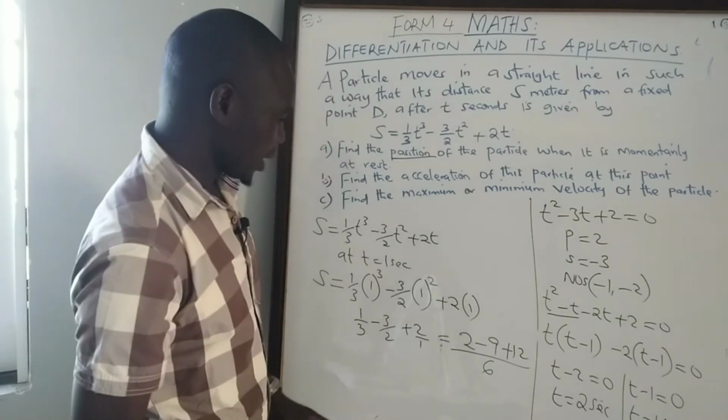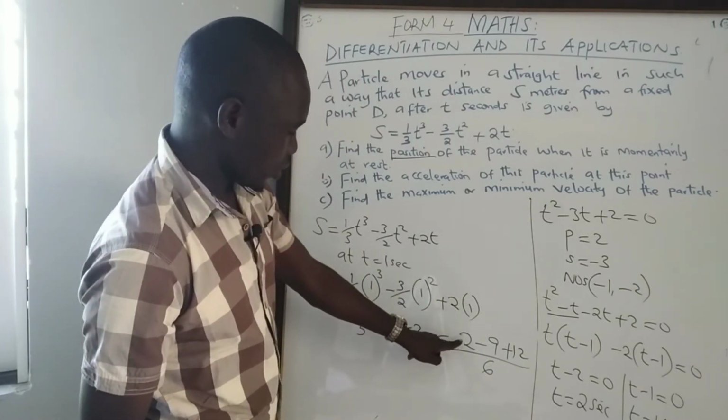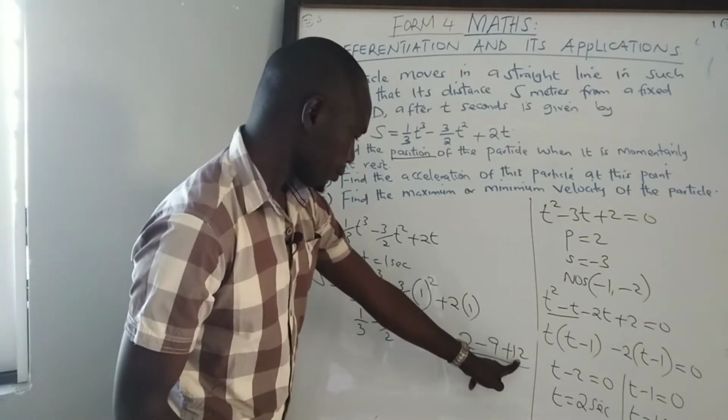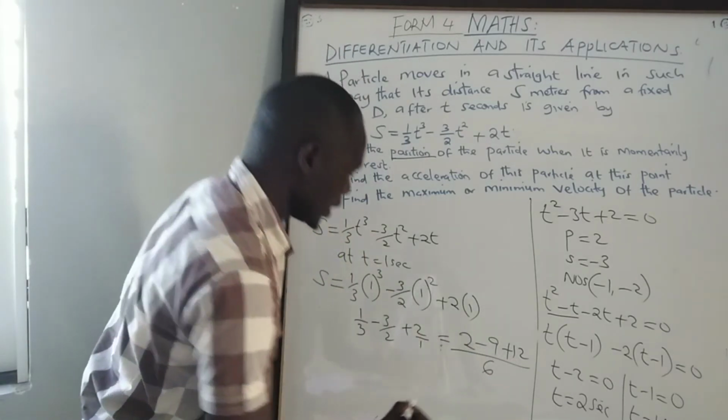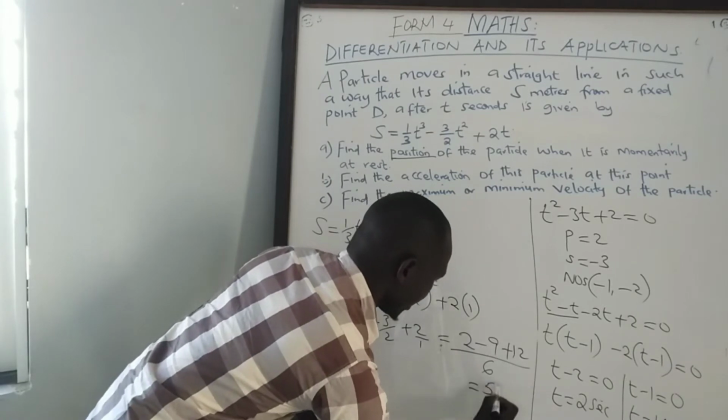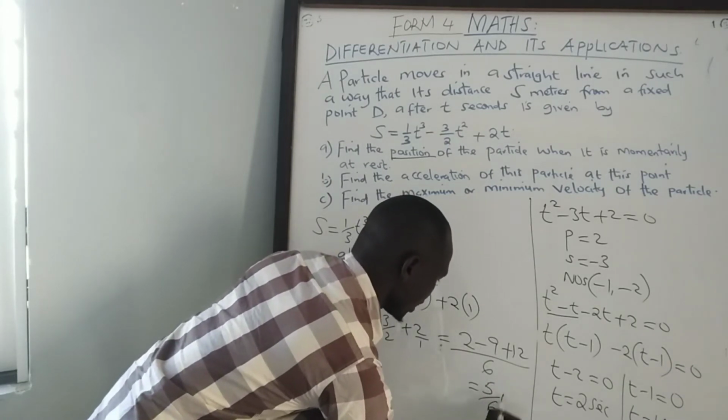From there we know that we can do the addition first. 2 plus 12 is 14, then 14 minus 9, this one is going to give us 5 over 6.